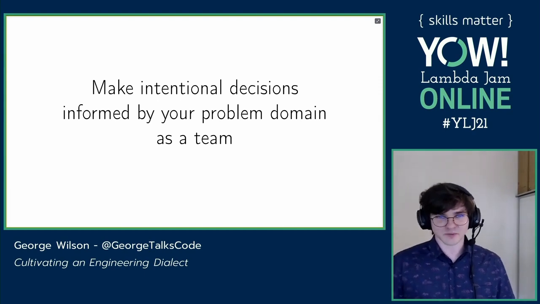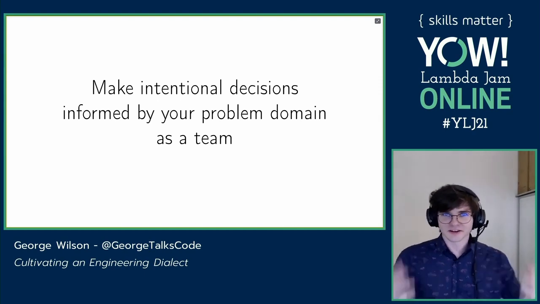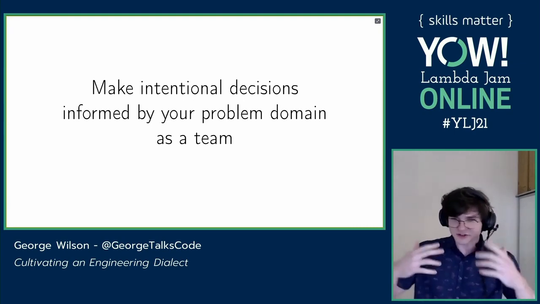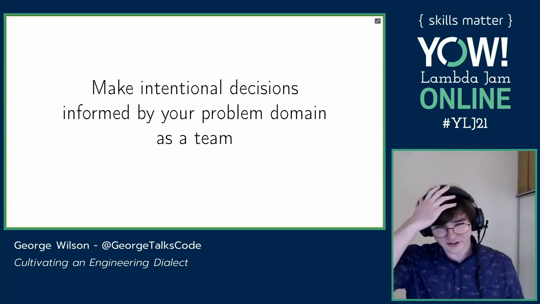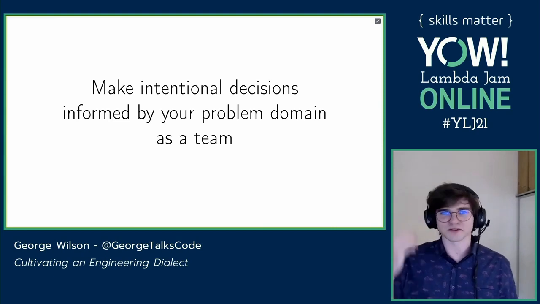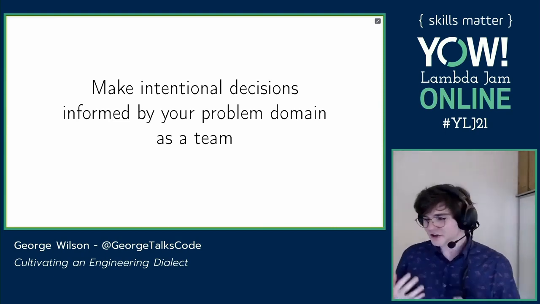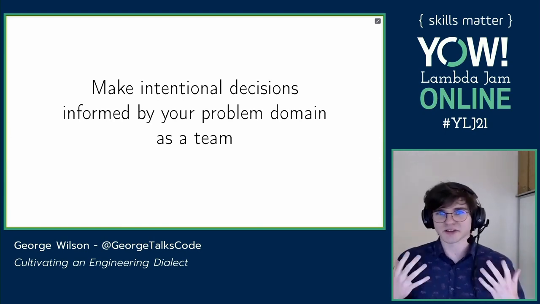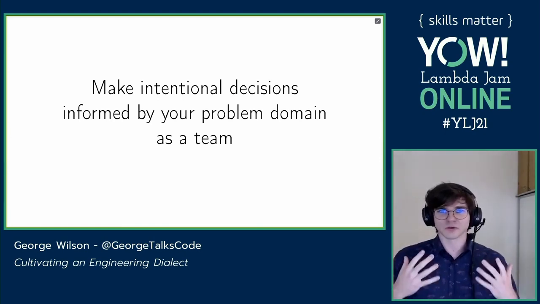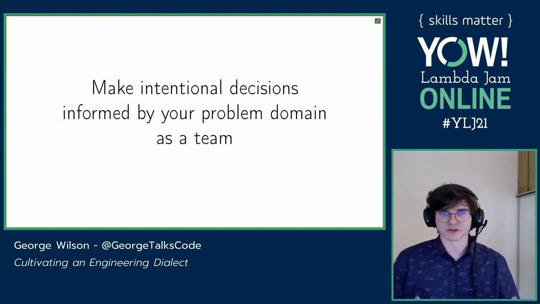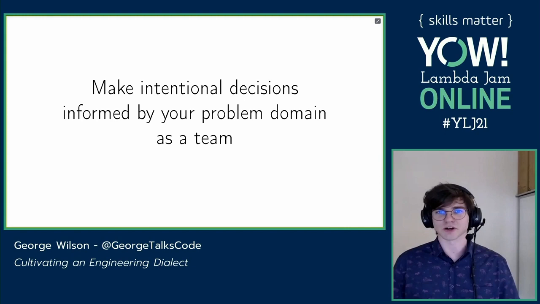So what do I mean by that? By intentional decisions, I mean think hard about it. Whenever you come across some new thing, you should think, is that going to actually solve the problems I have in front of me? That's what I mean by informed by your problem domain. You should use the tools that give you a lot of power for the problems you're actually solving, for the problems your team exists to solve, for the problems your business exists to solve.